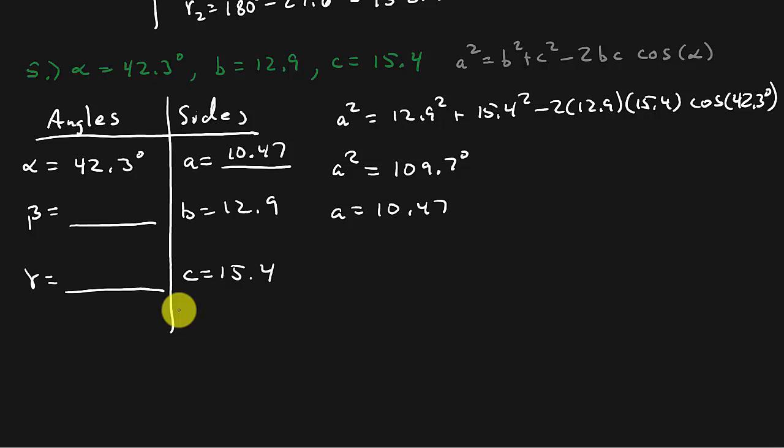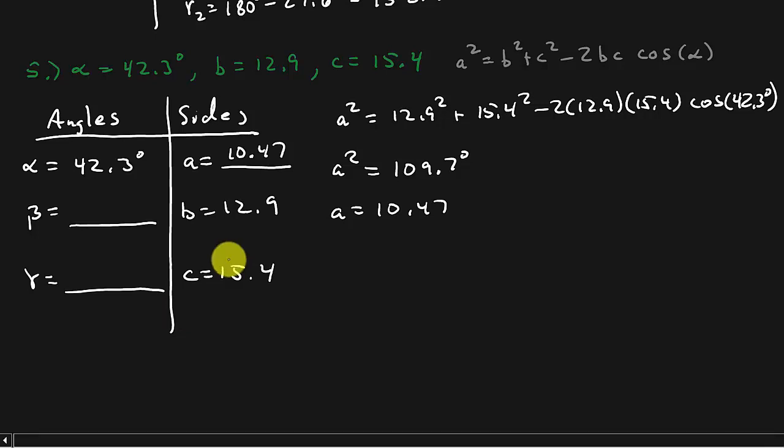There you go. The only time we're checking for two triangles is when we have two angles unknown and we're using the law of sines first. So you see here we had to use the law of cosines, so there's not a possibility of two triangles. There you go.